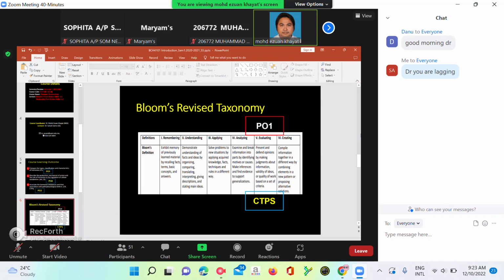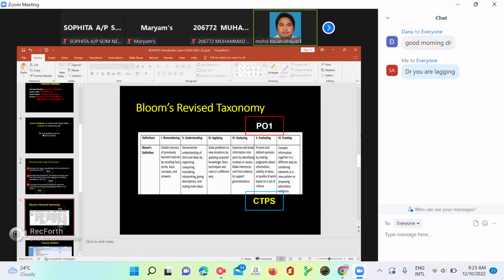Also in this course, when the program outcome goes up to C5, it means it includes C1 to C5. So the question can be C1, C2, C3 up to C5, but not C6. Your exam questions will revolve around C1 to C5.